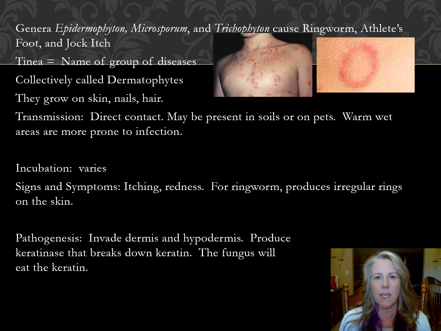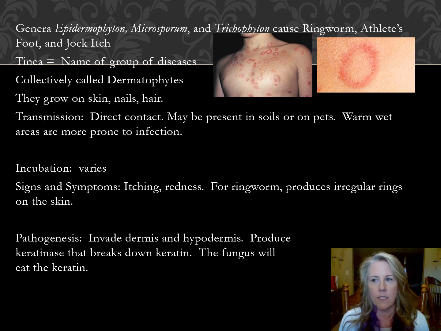It produces an enzyme known as keratinase. So notice the ASE at the end of that. A lot of times that's going to be your tip off that it is an enzyme that breaks down keratin. There are two types of keratin in our body, hard and soft keratin. Hard keratin is found in our hair. The soft keratin is found in our skin. So the fungus will actually eat keratin.